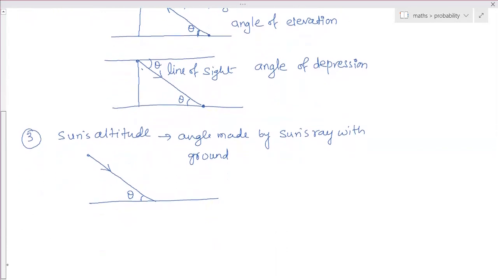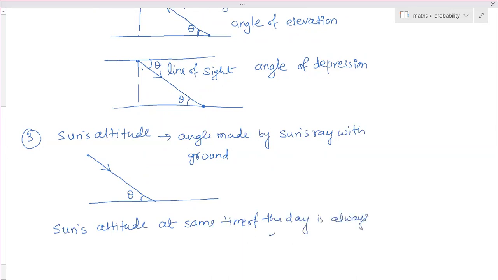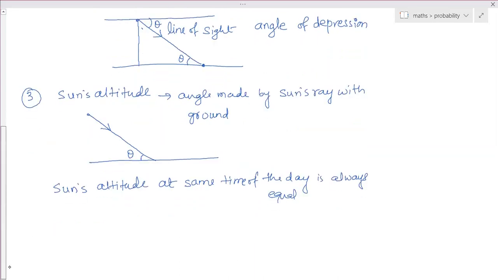And one more important fact you need to know is that the sun's altitude at the same time of the day is always equal. So if you take an example where on the ground one building is erected and another, a short tree, is present.